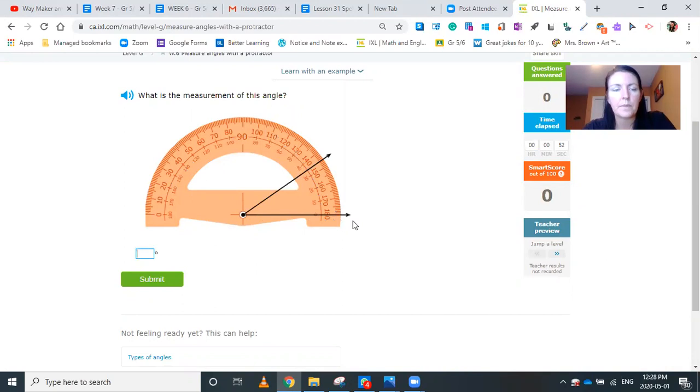You also see a second set of numbers, and this can sometimes be confusing, but it has a good reason for being there. On the inside there's a second set of numbers, and it starts at 0 on the other side, and it goes up 10, 20, this way, 90, 100, all the way up to 180 on the inside.